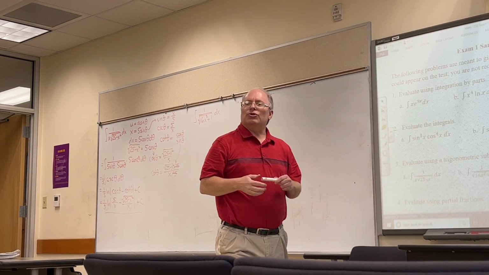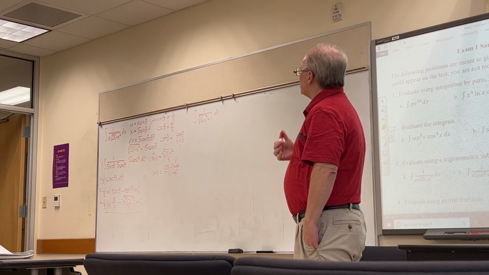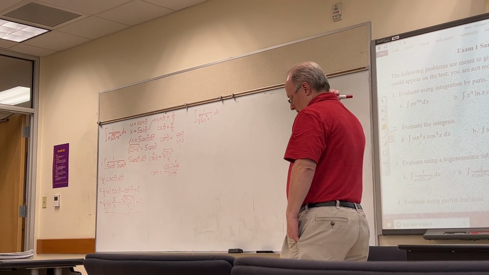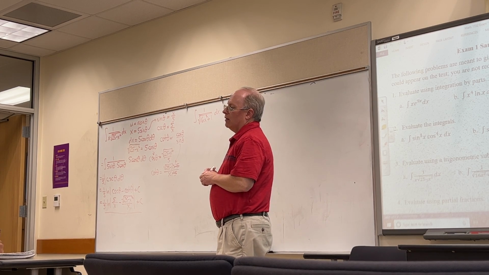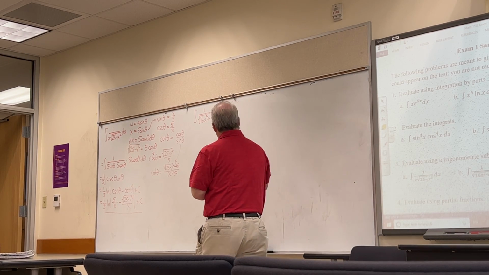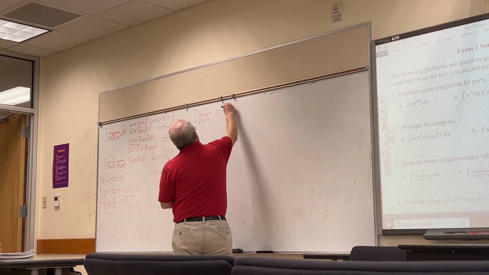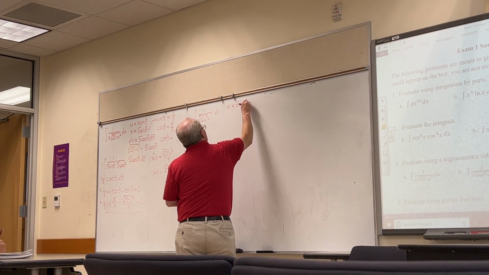Which substitution would we make for that one, where we have a plus instead of a minus? Yeah, it would be u equals a times tangent of theta.